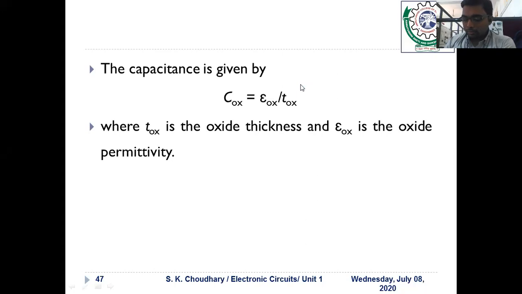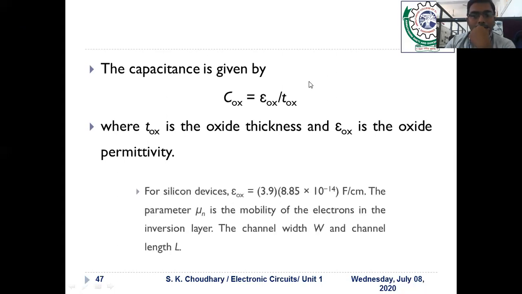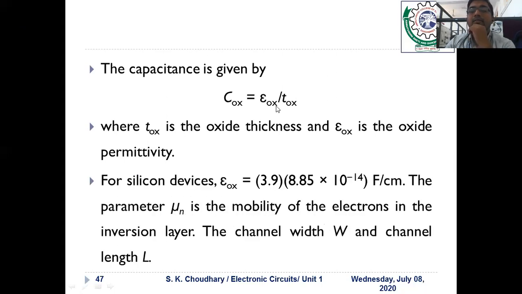In this case, what is the oxide permittivity? The value of oxide permittivity is 3.9 into 8.85 into 10 to the power minus 14 farad per centimeter.